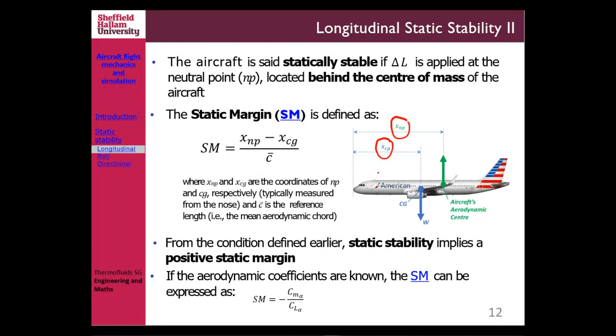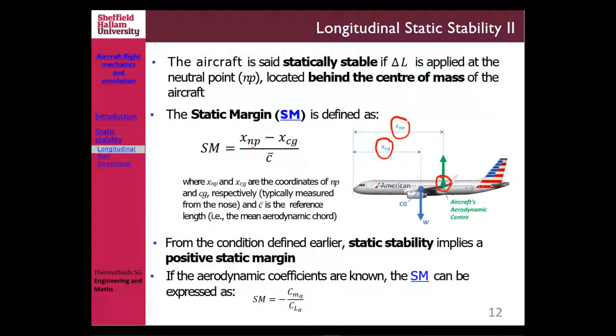In order for the aircraft to be statically stable, if a delta lift or additional lift is applied to your neutral point, then that point has to be behind the center of mass or the center of gravity of your aircraft. It means that, as I said, the center of gravity should be closer to the nose compared to the aircraft aerodynamic center, right?